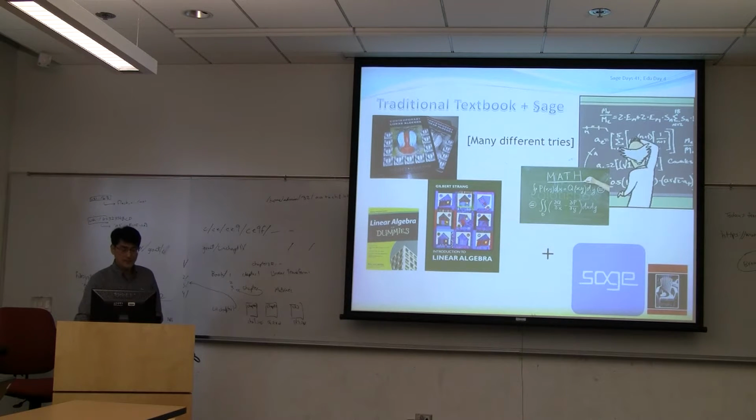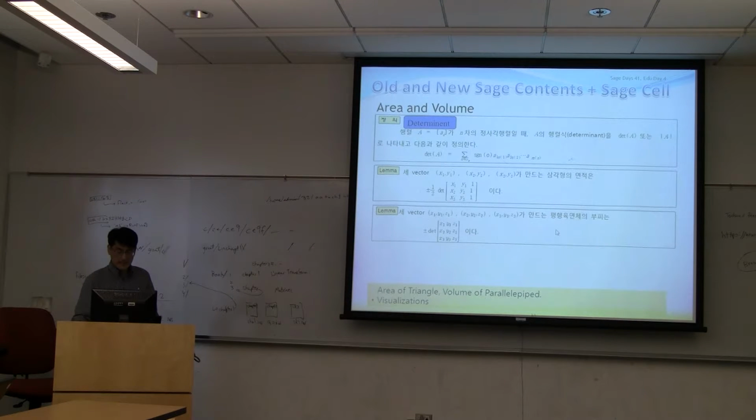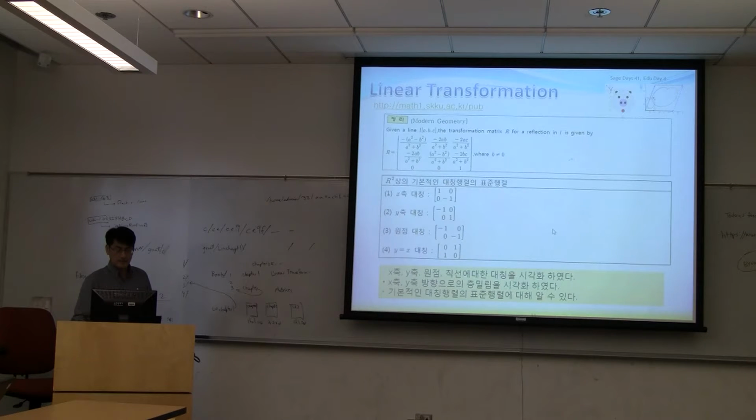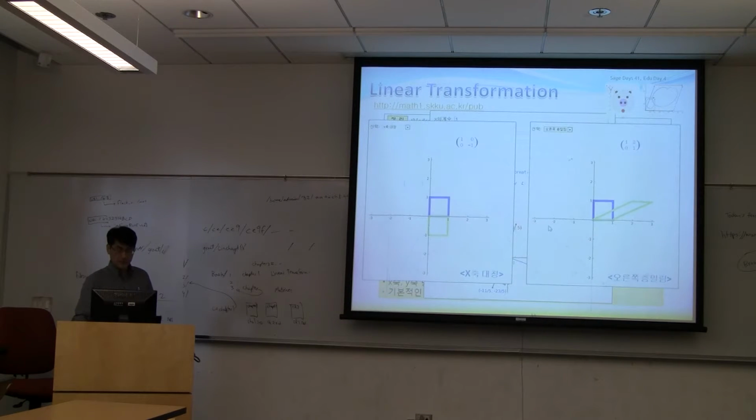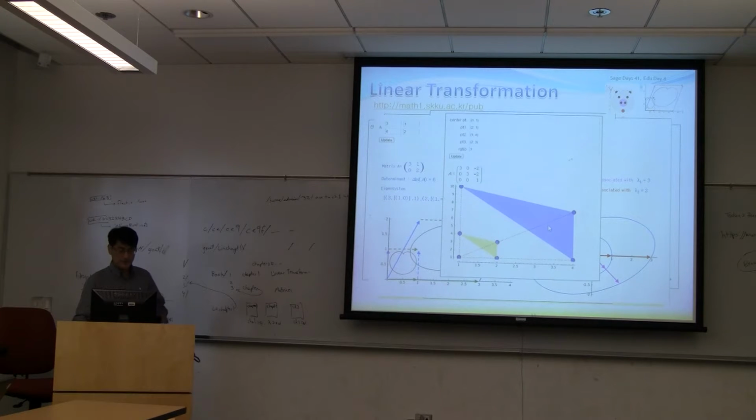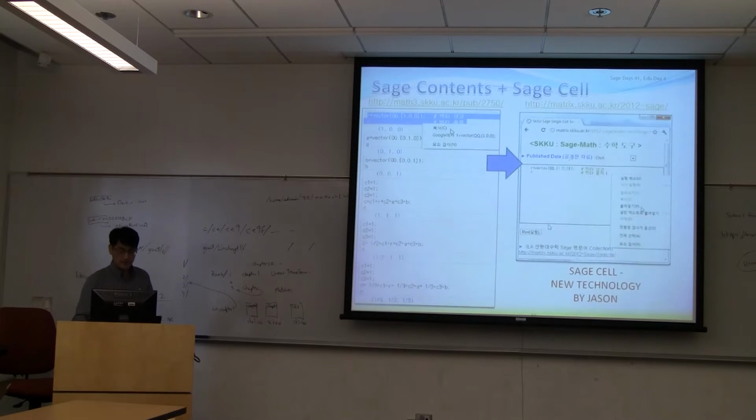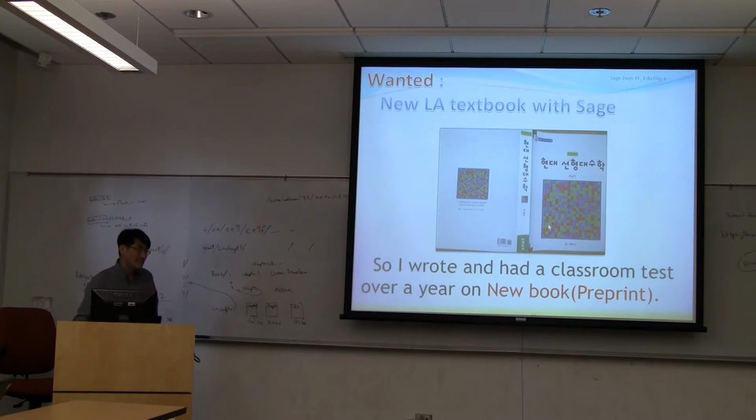So I tried to adapt SAGE in my class with the traditional textbook. I used the traditional textbook and I taught it along with SAGE. In those processes, I developed some SAGE tools to give my students a better understanding of the linear algebra concepts.